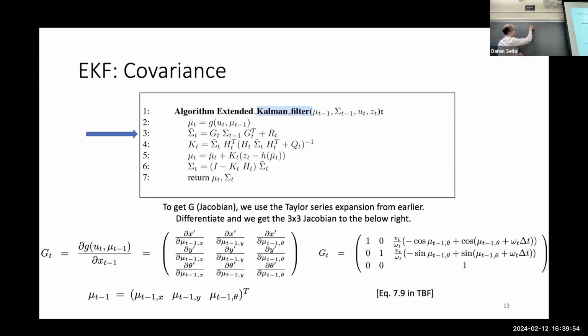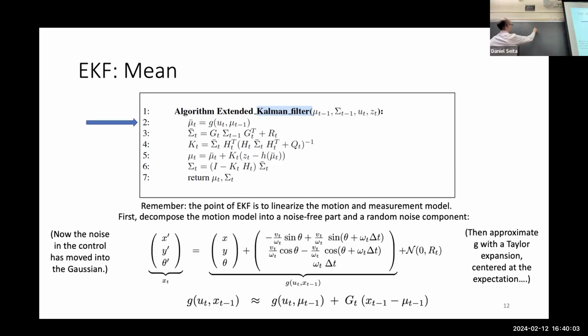First, let's write out x prime. Is that clear?